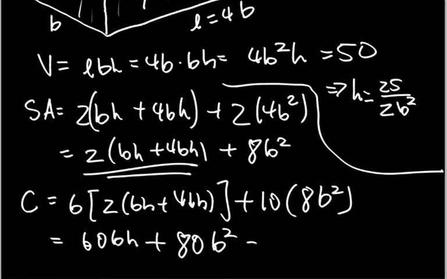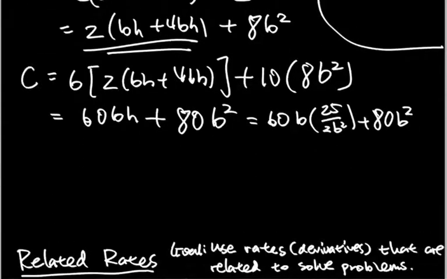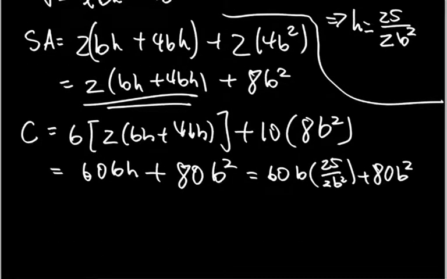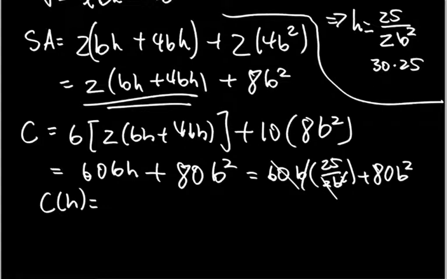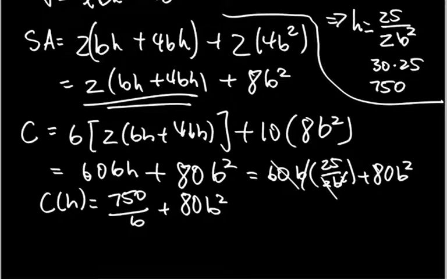Alright, so let's just plug that in. 60B times that equation. I'm just going to write C of B equals, that's going to divide out, that's going to divide out, 30 times 25. That's 750. So we get 750 over B plus 80B squared.